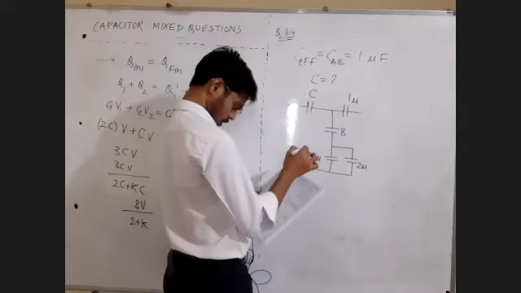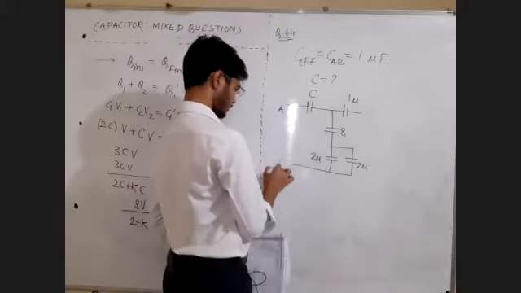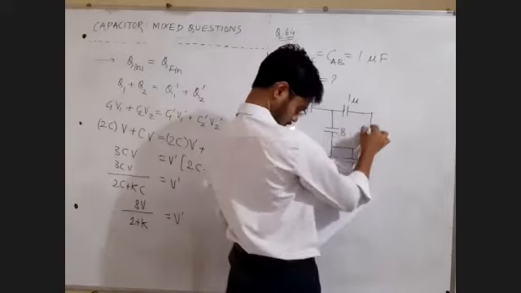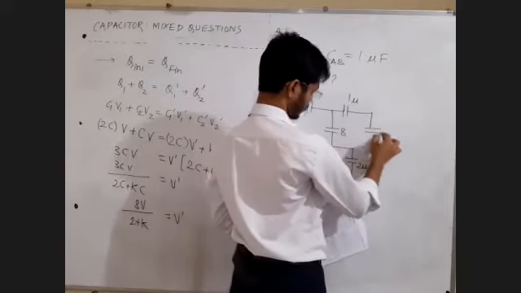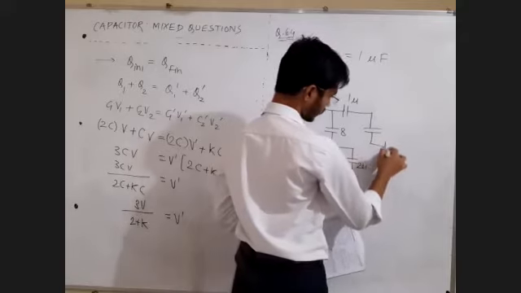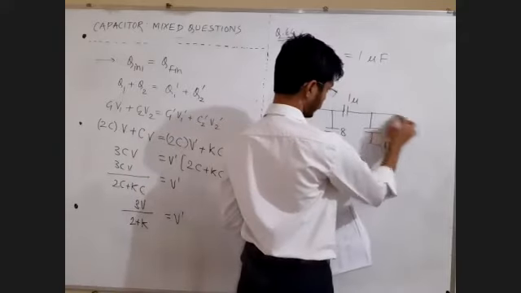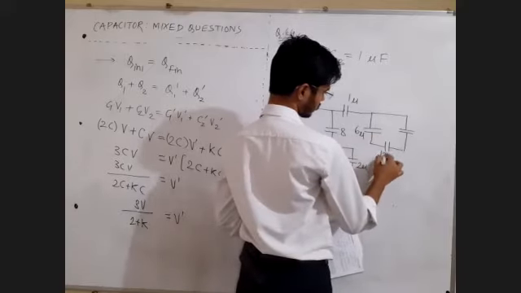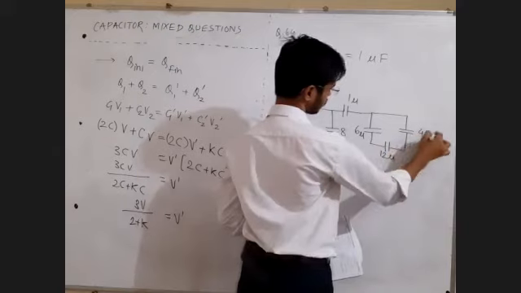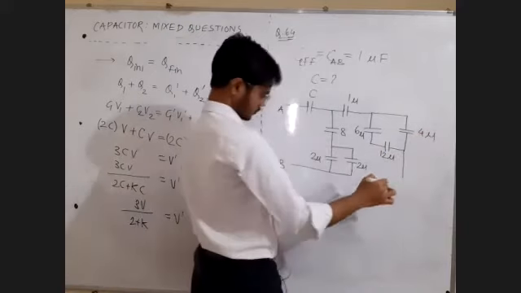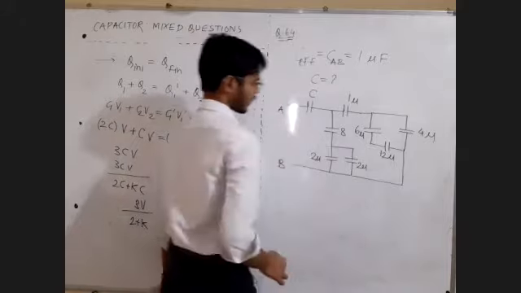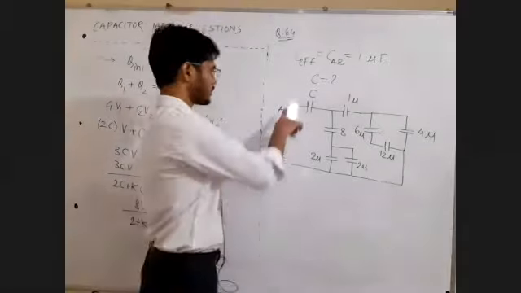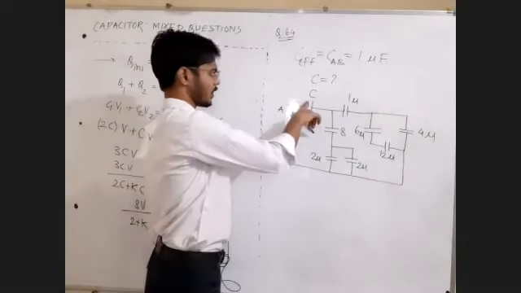Generally, people forget this micro, but we should not forget that. Effective capacity between A and B is given and you have to find out C.